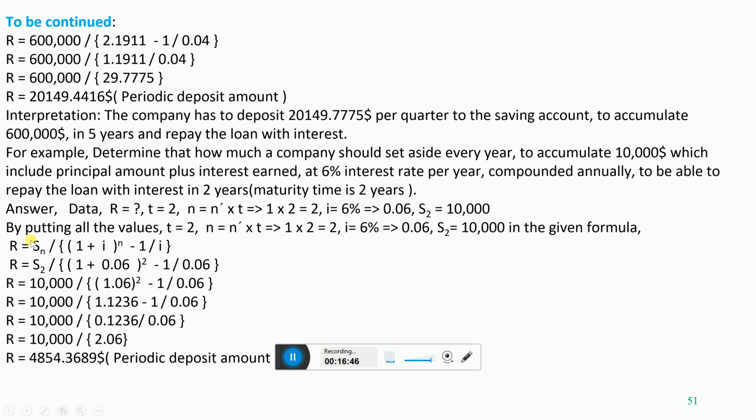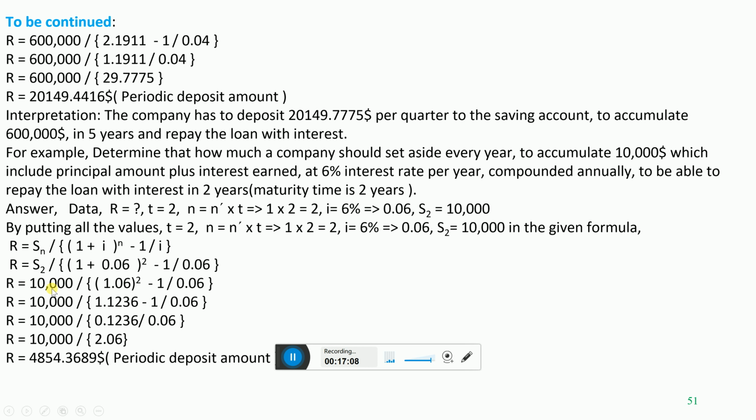So we will replace S2 with its value $10,000, for i per year 6% interest rate, for n the number of compounding periods 2, the bank will pay interest twice in 2 years, minus 1, and divided by 0.06.